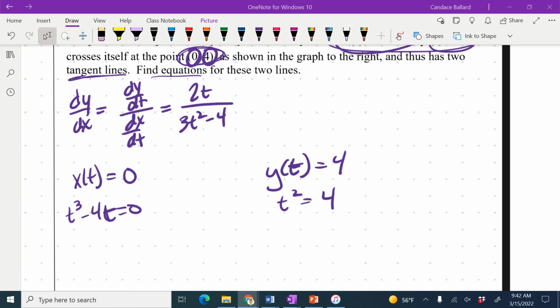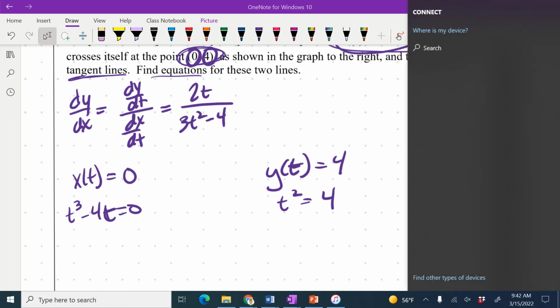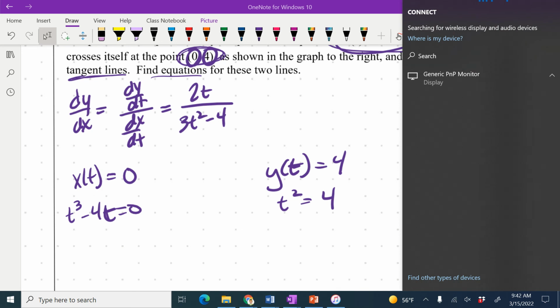Let's go back there. Okay, that's what it's supposed to look like. Let's see if it picks it up this time.